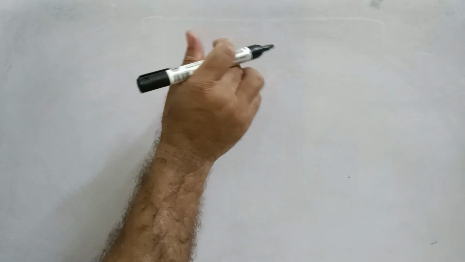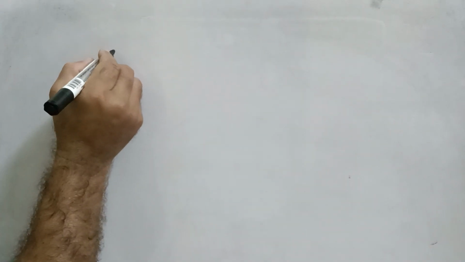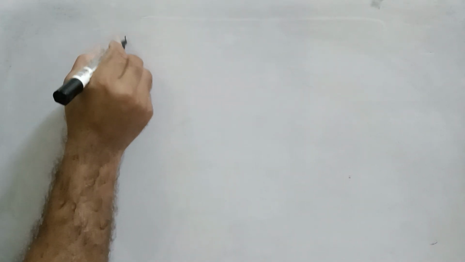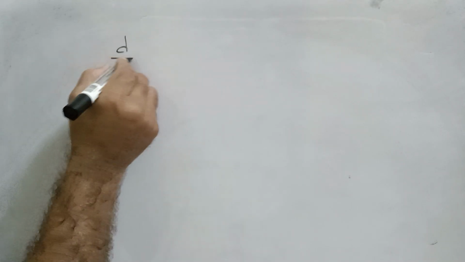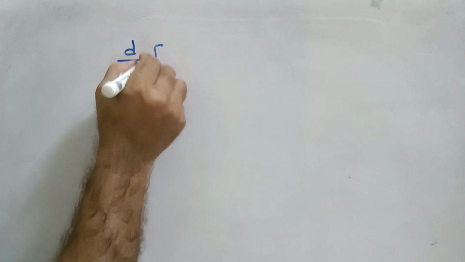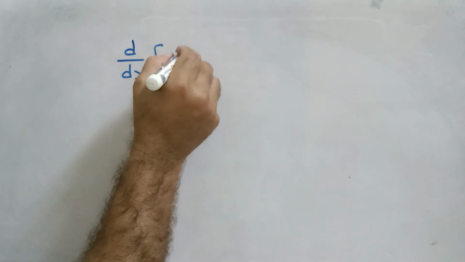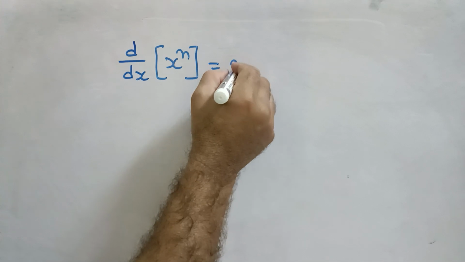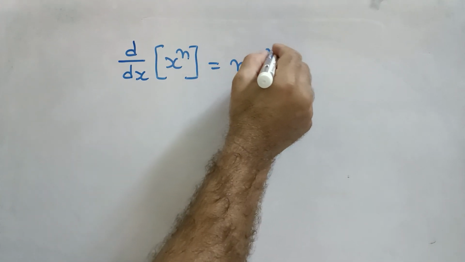So before going into those different functions, as I already mentioned, always remember the formula: d by dx of x power n is n into x power n minus 1.